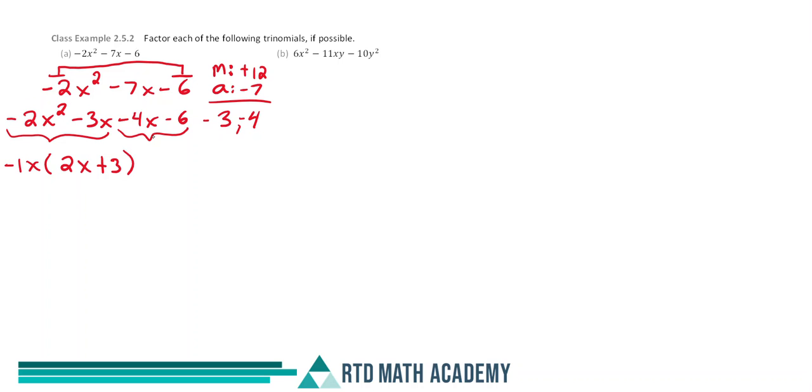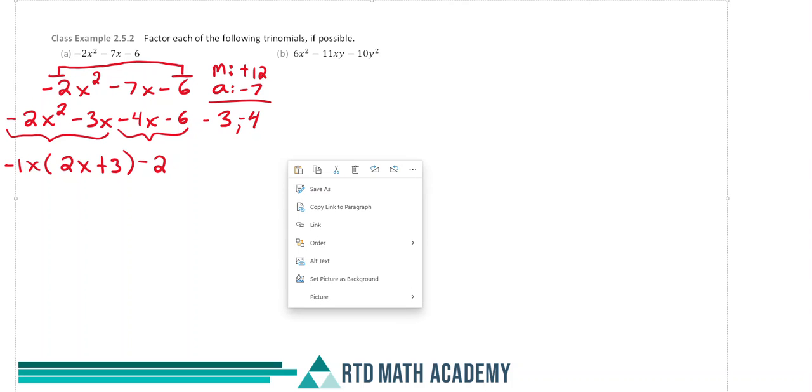Okay, now moving on to the next one. So now, again, I don't like this negative out front. So what I'm going to do is factor out a negative. And this time I can actually take a number too, because what goes into 4 and 6? Well, 2 does. So what I'm going to do is factor out negative 2. And notice that kind of becomes my minus 2 when I do that, right?